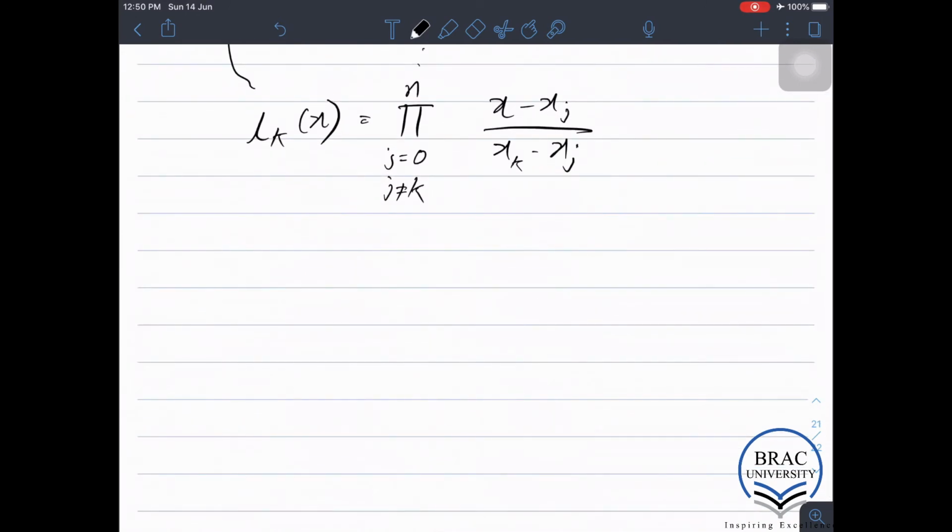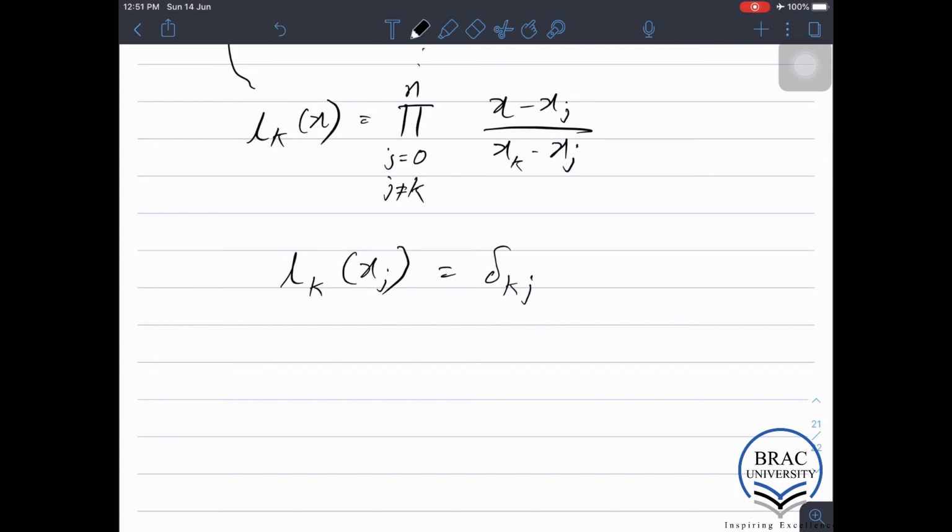And what else? Let's also try to write one more property, that is Lk of xj, where xj means one of the nodes. This is equal to delta kj.